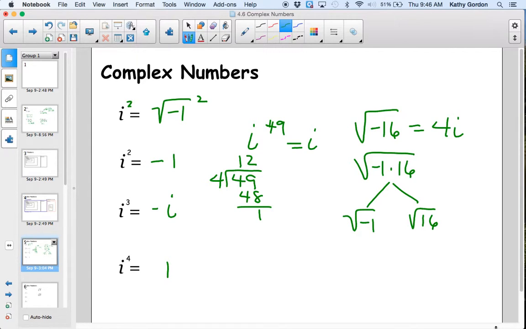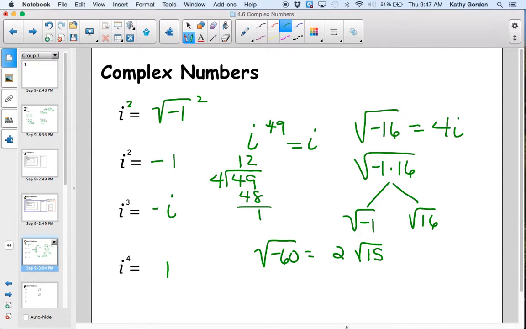Okay, so basically what happens is anytime you take the square root of a negative, you simplify the number part as you would anything else. So if it was the square root of negative 60, you would still do the 2 square root of 15, but then you'd have to have an i in there because of the negative. We saw before that the square root of 60 was 2 square root 15, right?